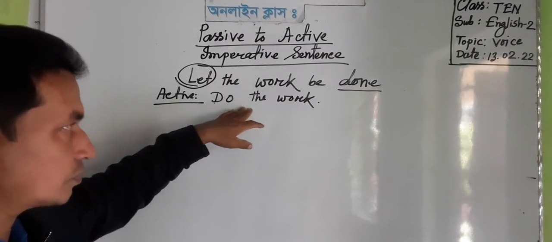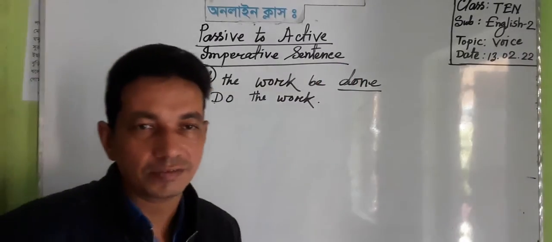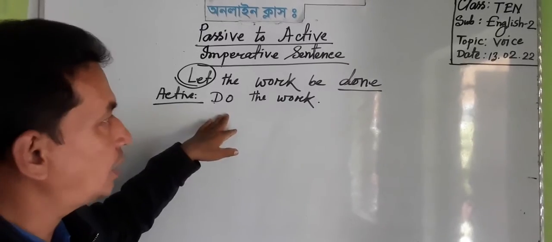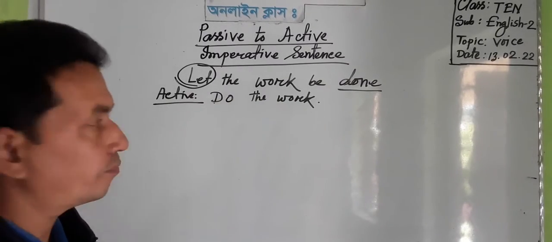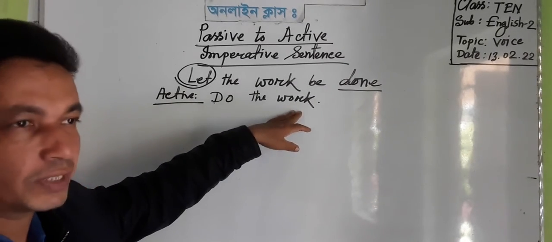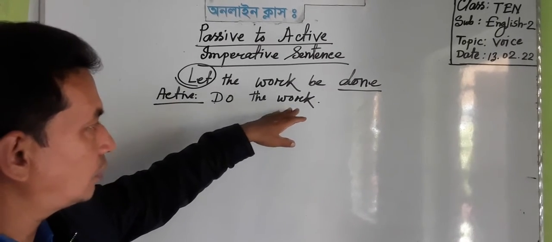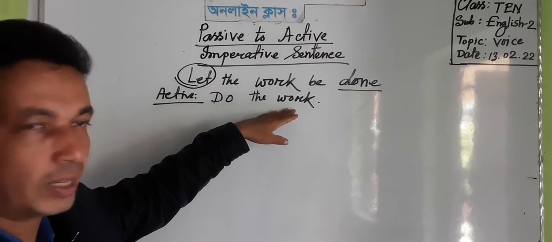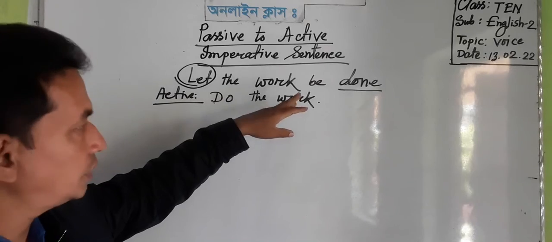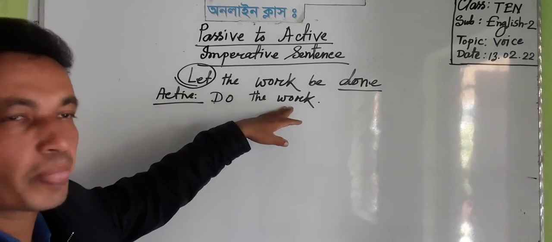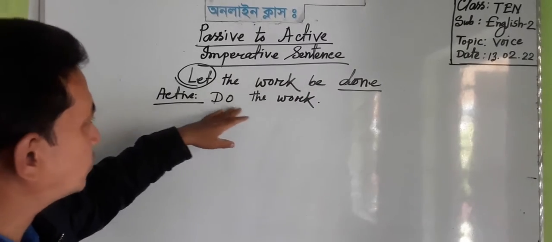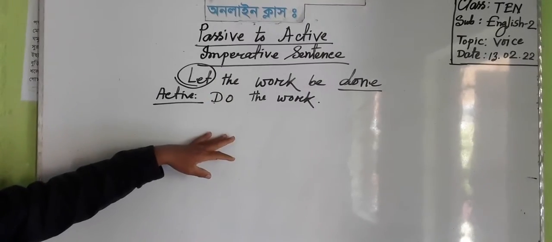If there is no personal object in an imperative sentence, then we have to start the sentence with the main verb and then the object. This is not a personal object. This object has no life at all. It is a direct object. If there is no indirect object in passive voice, we should not use let at first.